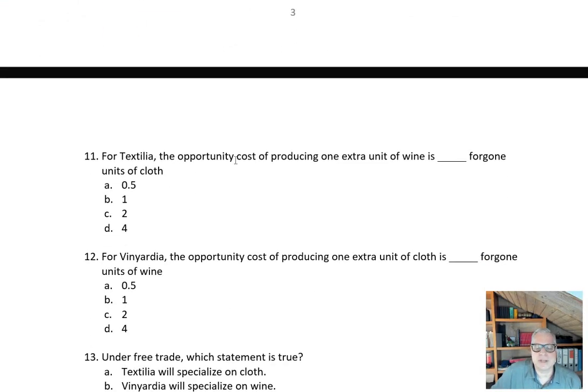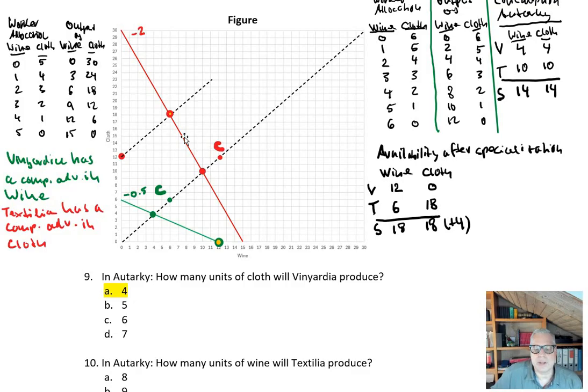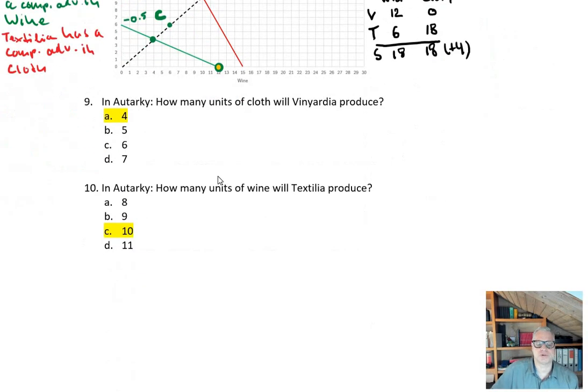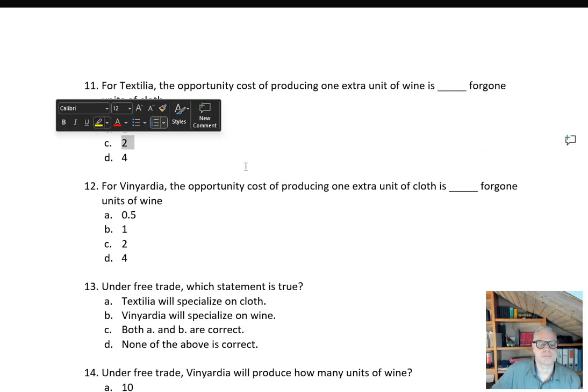For Textilia, the opportunity cost of producing 1 extra unit of wine is to forego 2 units of cloth. For Vineyardia, the opportunity cost of producing 1 extra unit of cloth is foregone units of wine.